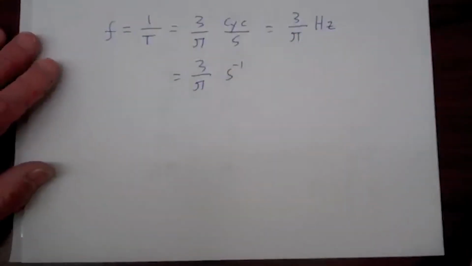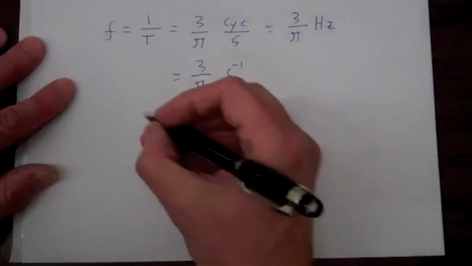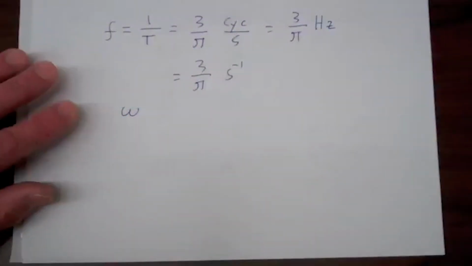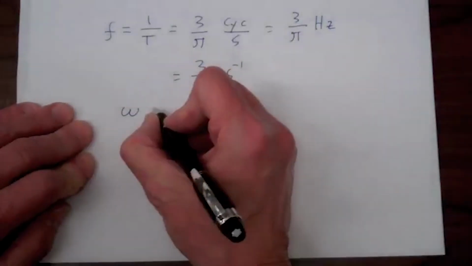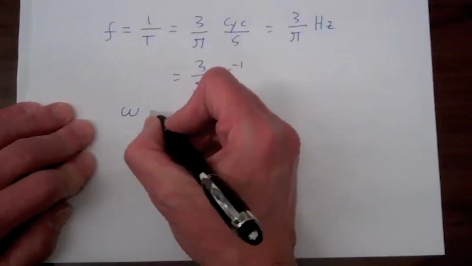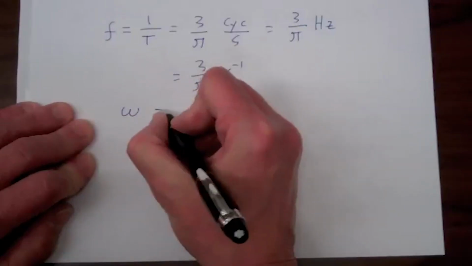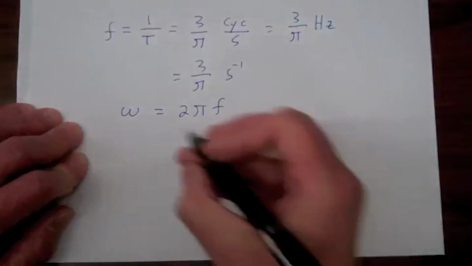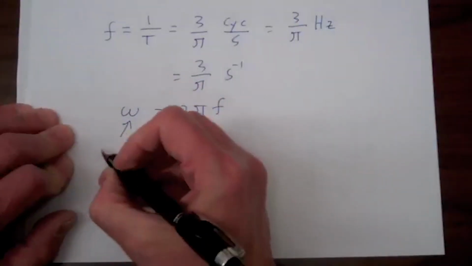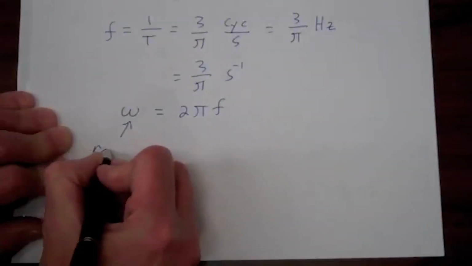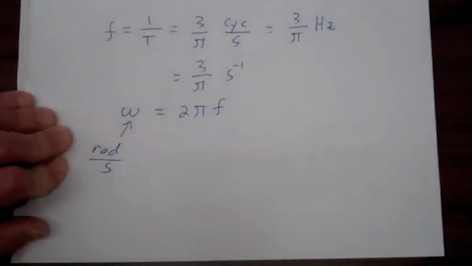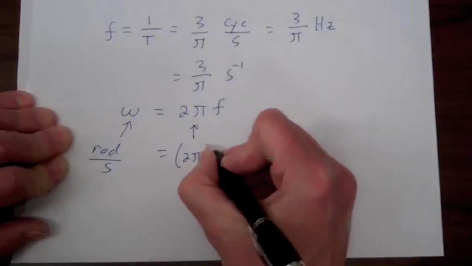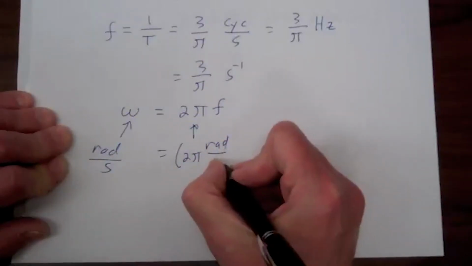Now, it'll be much more convenient for us to work in radians per second instead of cycles per second. And the symbol for the frequency in radians per second is omega. So that's going to be equal to 2 pi times the frequency. So omega is in terms of radians per second. We have 2 pi radians per cycle.